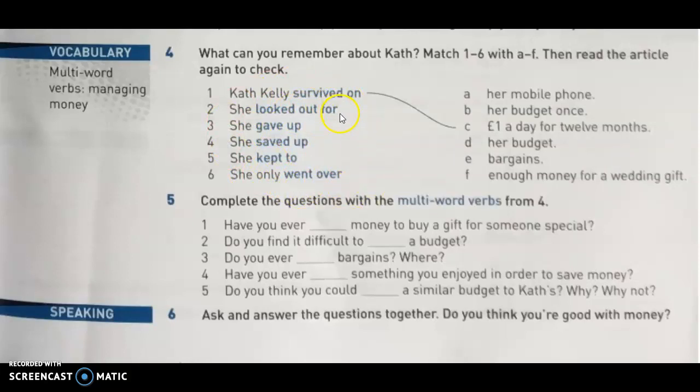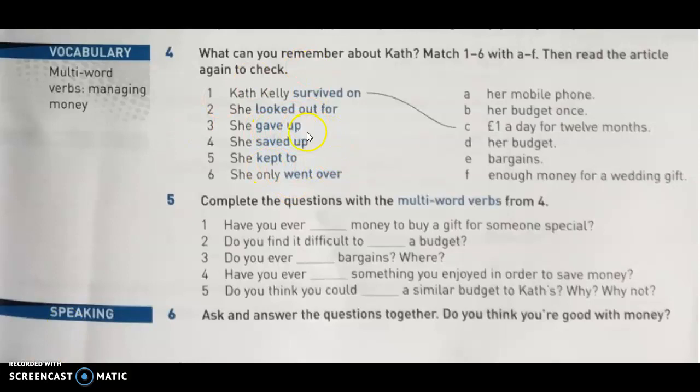So you need to check with concept checking questions that they understand what each of these means. So for example, Kath survived on £1 a day for 12 months. Did she live with that amount of money every day? Yes. Was it easy for her to live on £1 a day? No. She survived. Good. Etc.